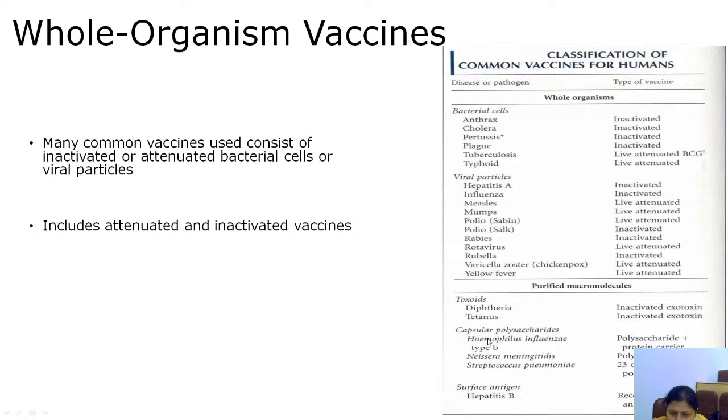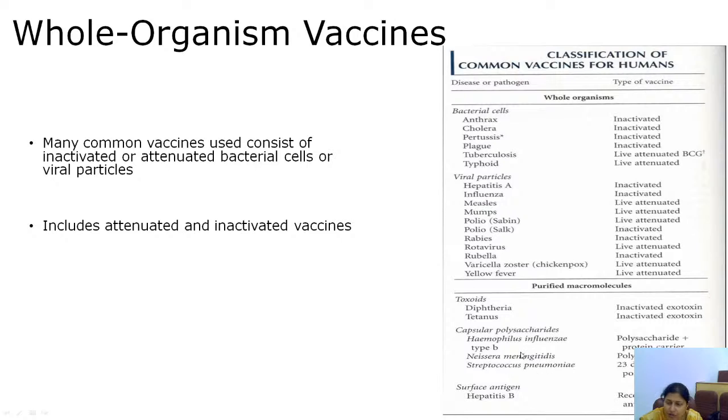Similarly, we can take the part or subunit of a bacterium, for example Haemophilus influenzae. We take the polysaccharide and add a protein carrier to it so that it can mount the antibody or immune response properly.